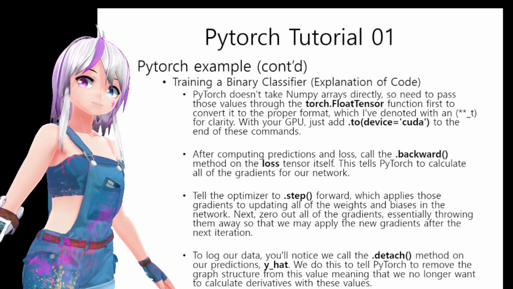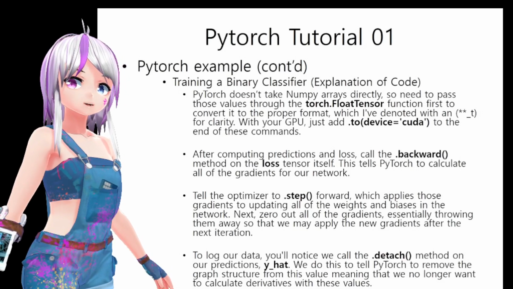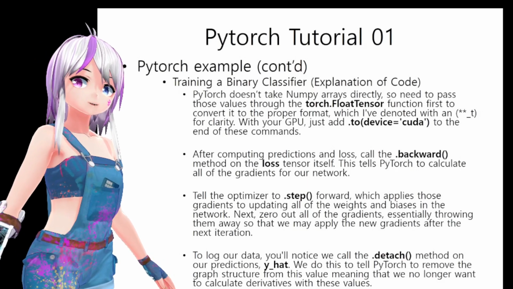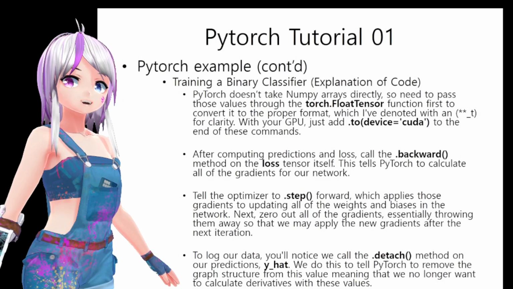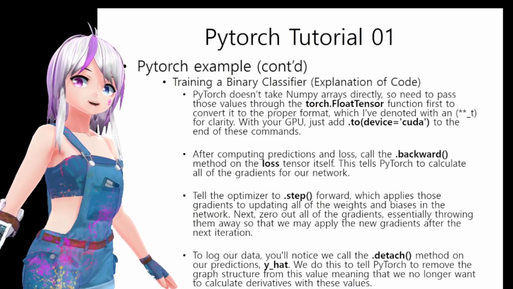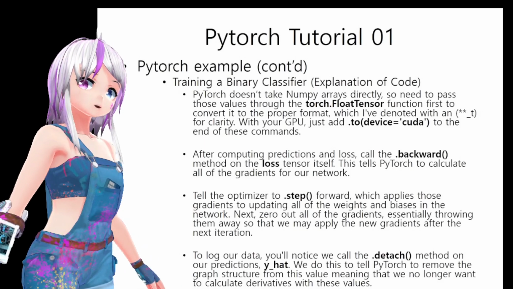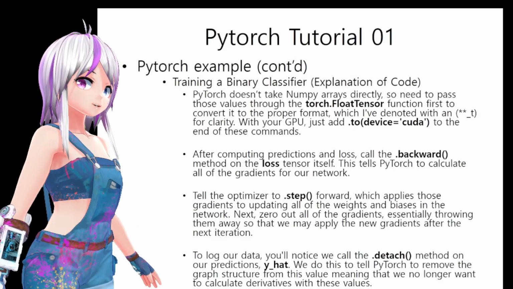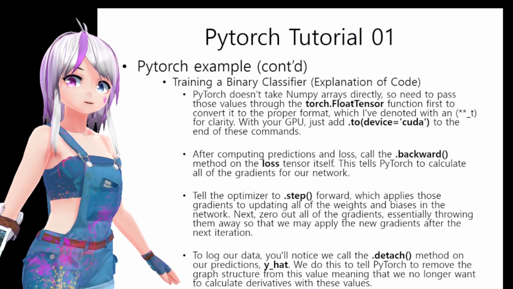It's similar to the function in MATLAB, which I have denoted with some variable name underscore t for clarity. This is a new variable. With your GPU, just add .to(device='cuda') to the end of this command. Okay.